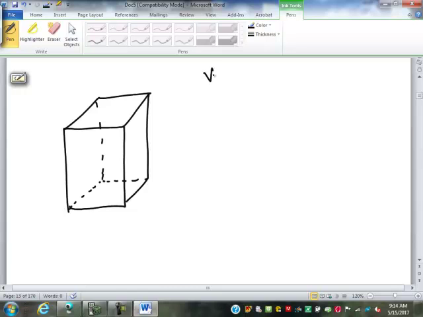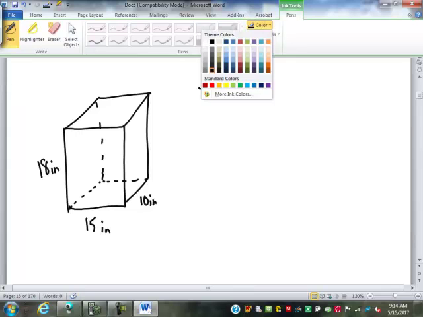But we'll start out with the volume. Of course, it would help if you had some dimensions on here. So I'll give you those dimensions.